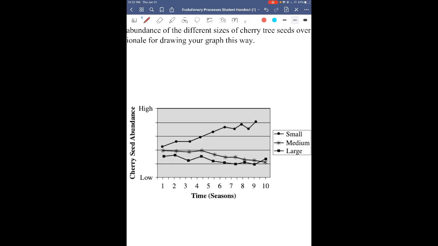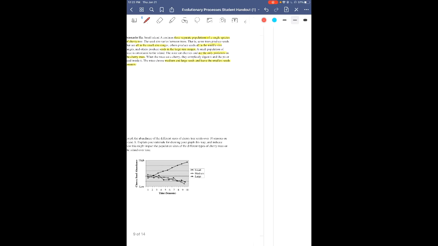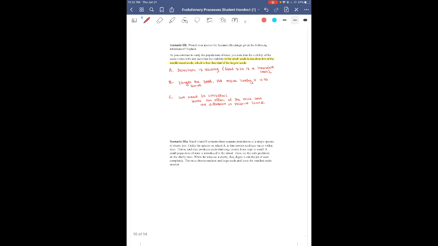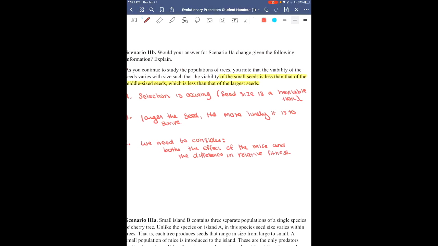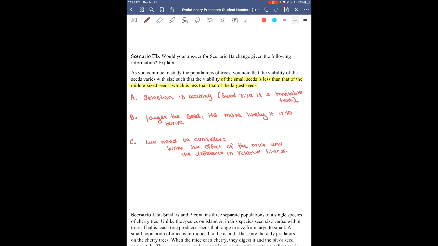Because the small seeds are not eaten, so they're more likely to survive, and the medium and the large seeds would continuously decline throughout time. But they give us this additional information right here, which says that the small seeds are less likely to develop than the large seeds.